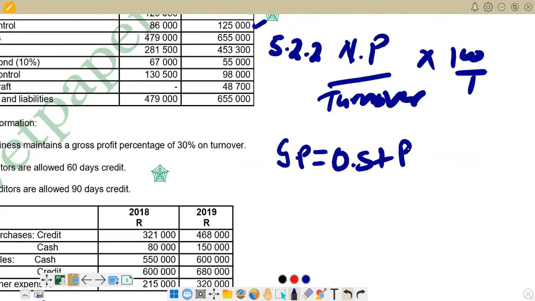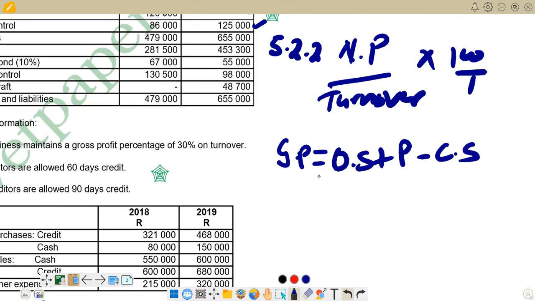We get purchases, we subtract purchase returns if they are there. Then we add carriage inwards. If we have customs duties also, we are supposed to add them. And then obviously we subtract our closing stock. But according to the information that we have, we do not have some of the elements. So here we're just going to say opening stock plus purchases, then we get our closing stock. After getting our closing stock, we now subtract the other expenses figure that we are given in the question.